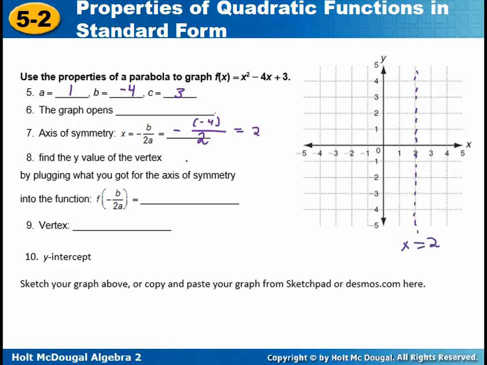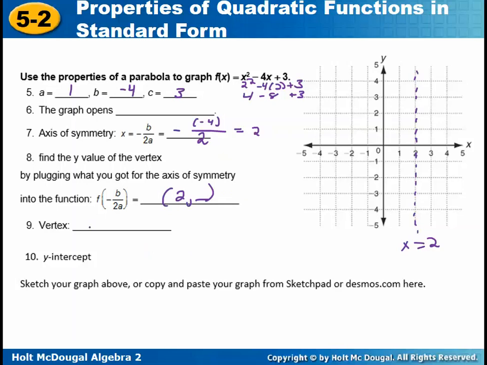Find the y value of the vertex, so you would take 2 and plug it back in. So we'd have 4 minus 8 plus 3, and you'll finish that and you'll get the y value. So then your vertex will be, we already know it's going to be 2, and then you just have to find the other part.